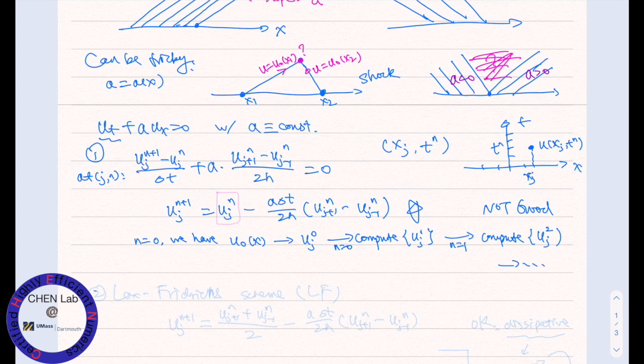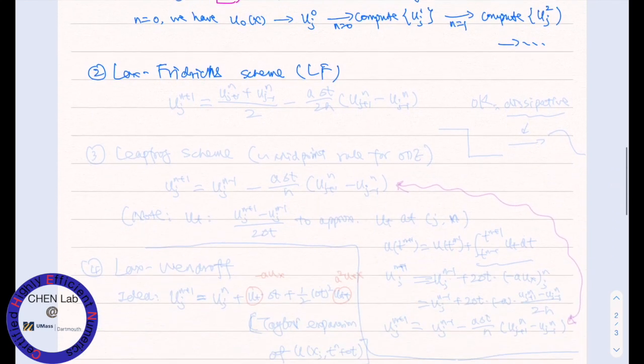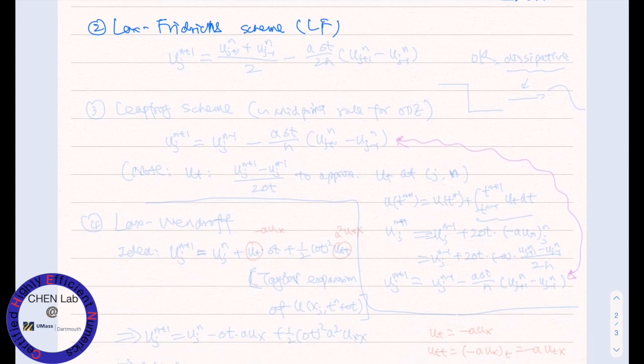The second is the so-called Lax-Friedrichs scheme, LF. It turns out the previous scheme is not good, but once we replace this u_j^n by something else, it is very similar to the first scheme.